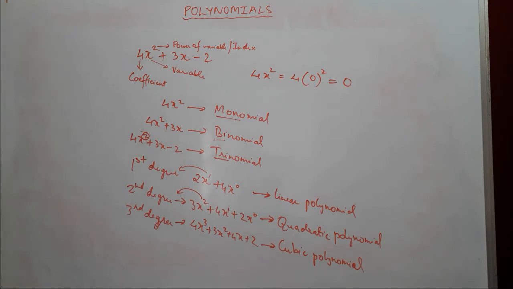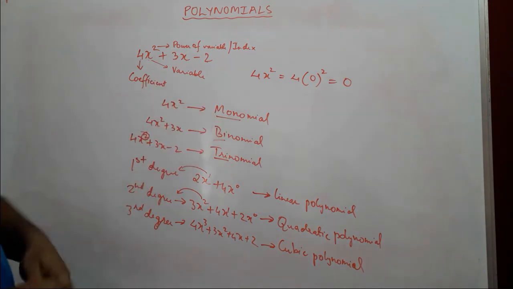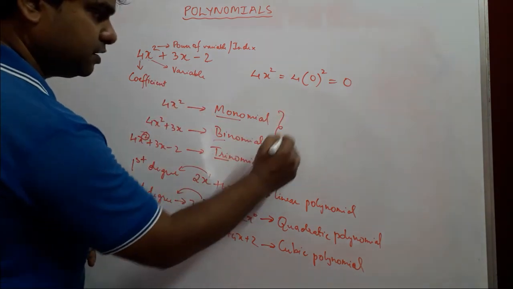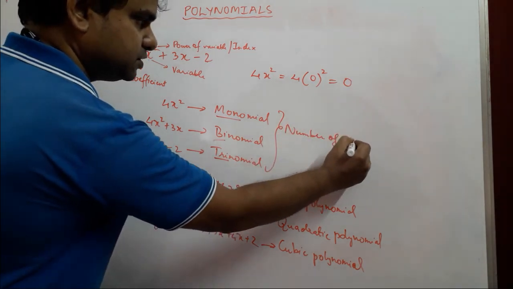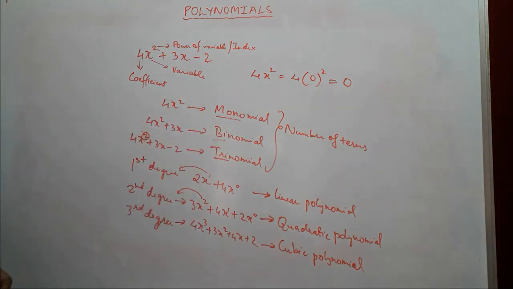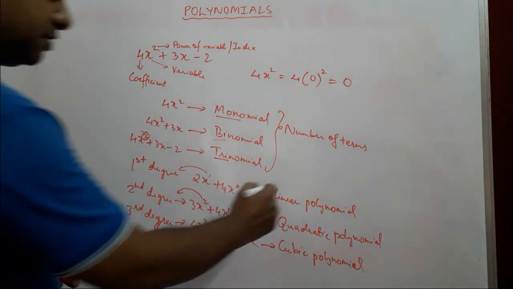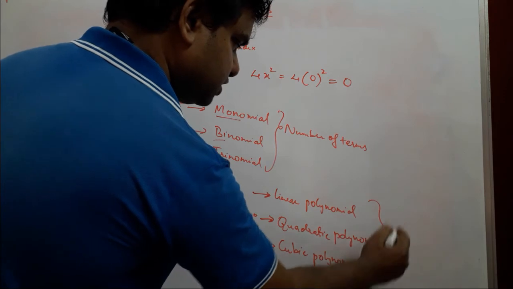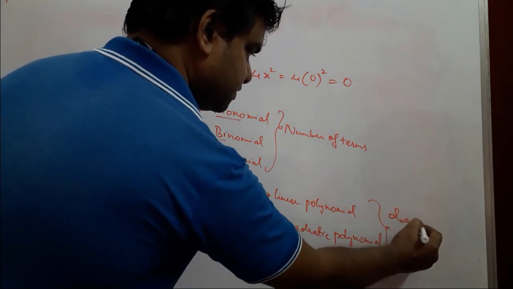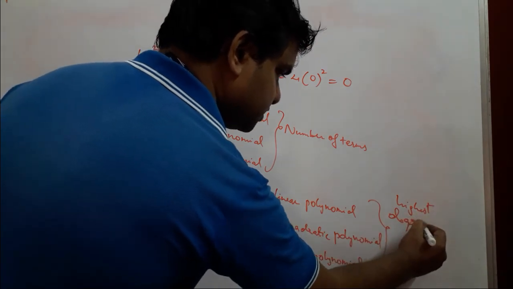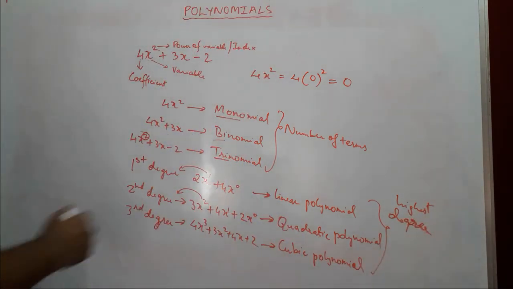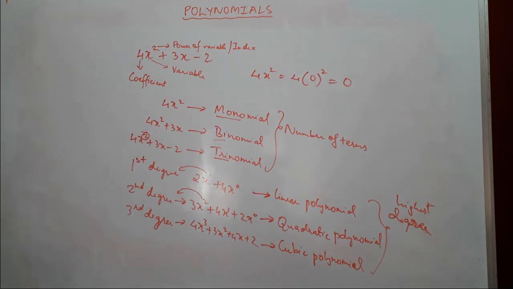Okay, clear with the terminologies and the concepts? Do not get confused with this. Those terms are referring only to the number of terms that make up the polynomial, whereas here we are checking for the degree or highest degree of the polynomial, right?